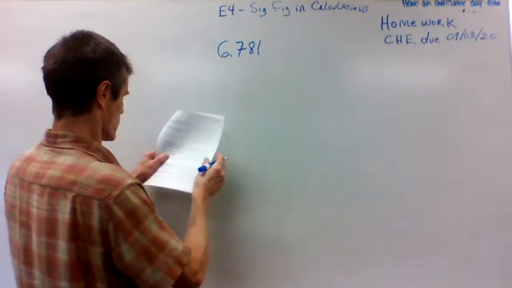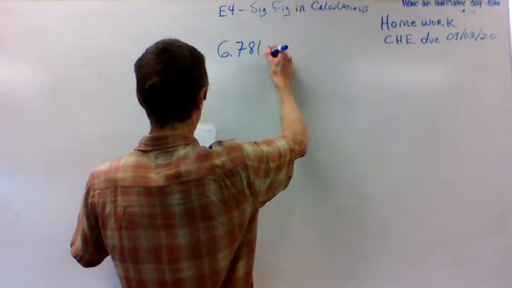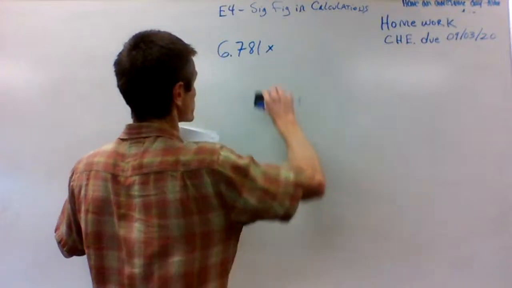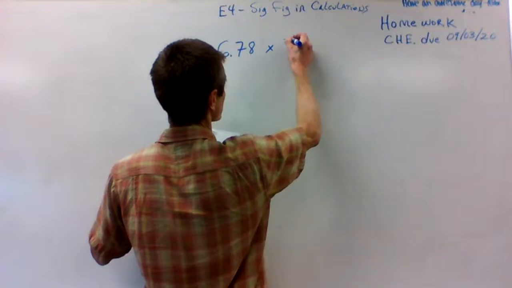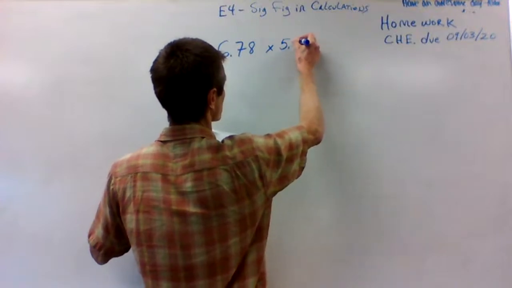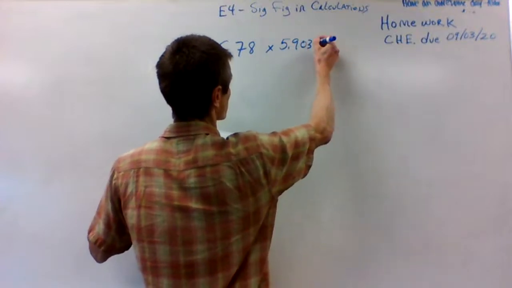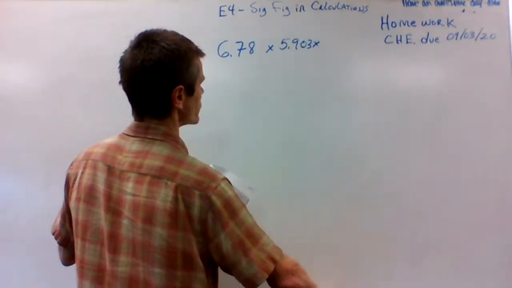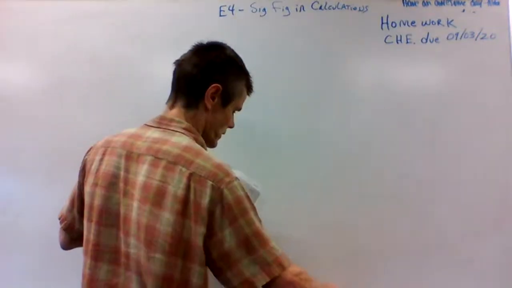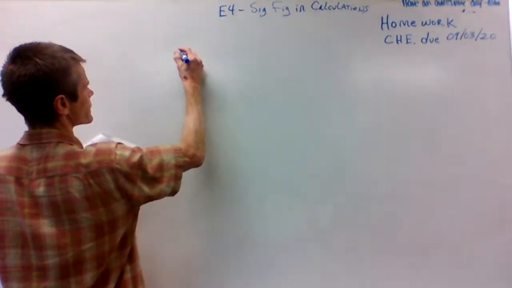6.78 times 5.903 multiplied by, within parentheses, 5.489 minus 5.01. I'm going to move it over a little bit. This is getting messy, sorry.